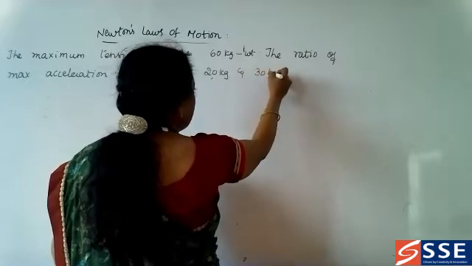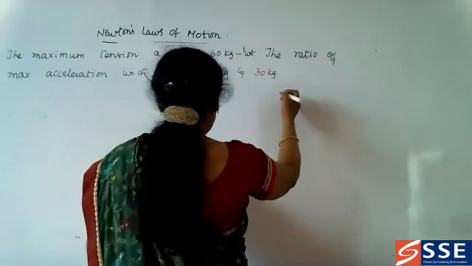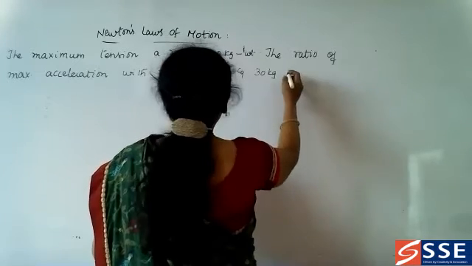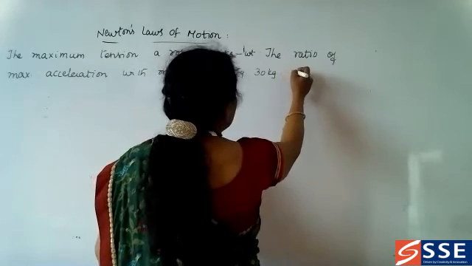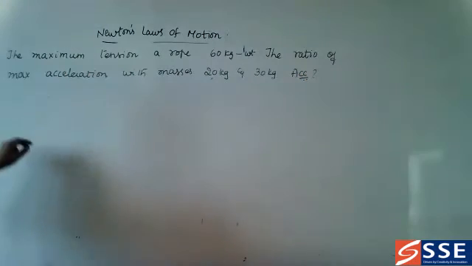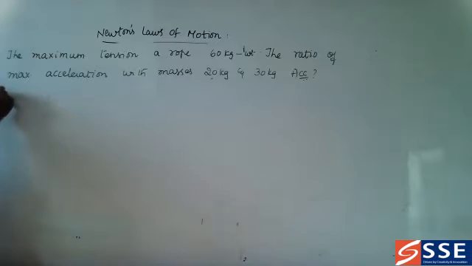So 20 kg and 30 kg masses have been given. Find the acceleration. So in this case we have to calculate the acceleration. So how do you calculate the acceleration? Tension has been given, and find the acceleration ratio.